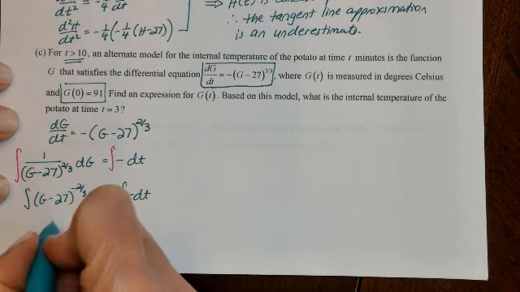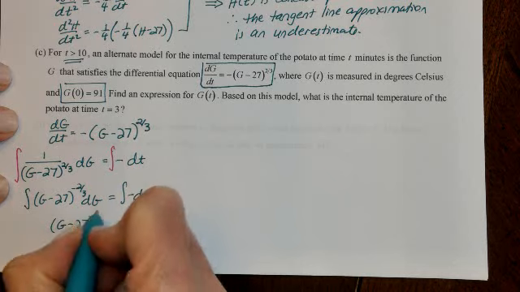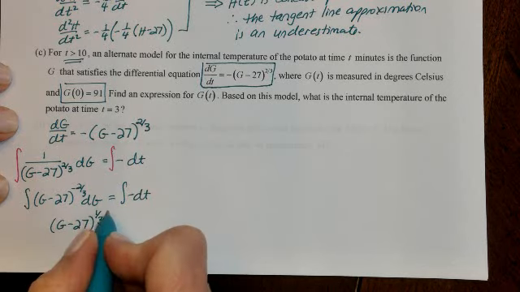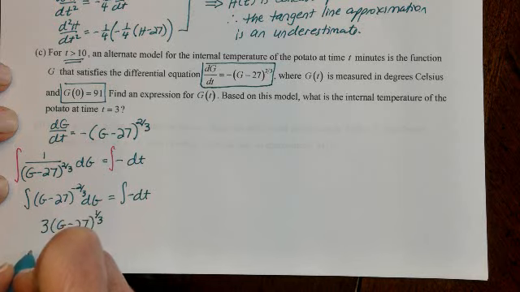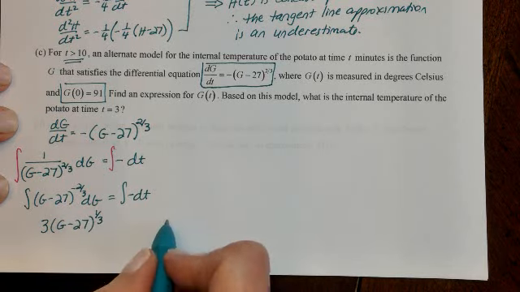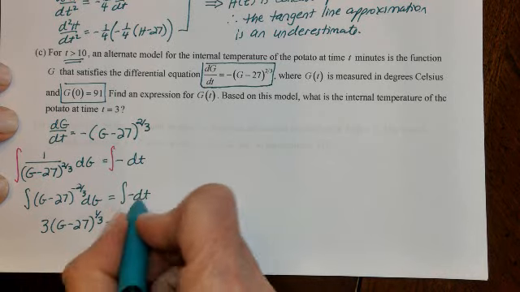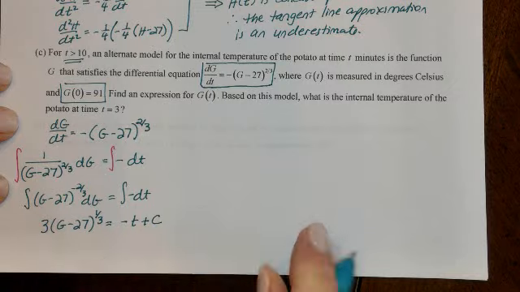So raise the power by 1, but I'm going to keep it g minus 27. Raise the power by 1, and we're going to be multiplying by 3 over 1, or 3. Yes, we would have a plus c, but I'm combining it with the other constant of integration. Over here we have negative t plus c.